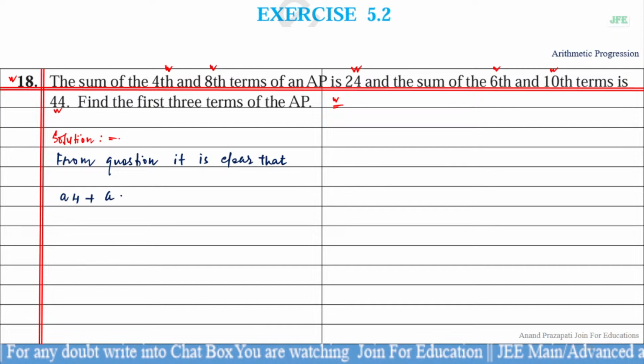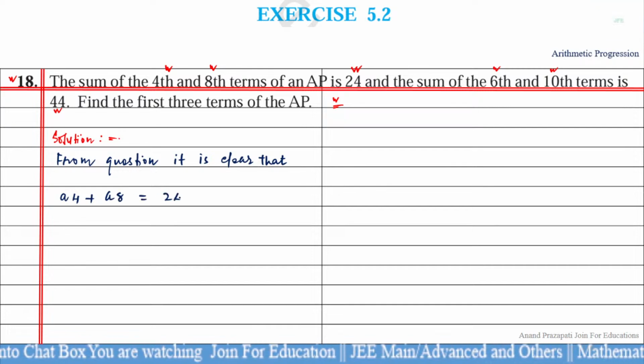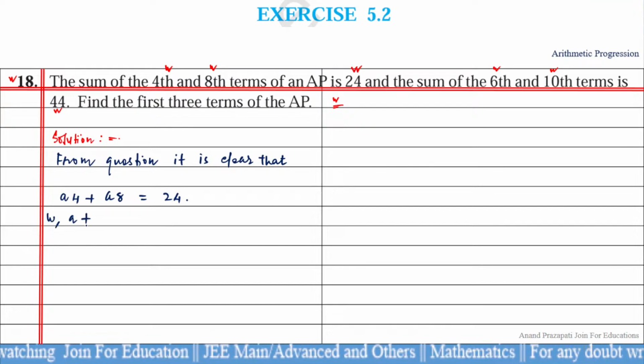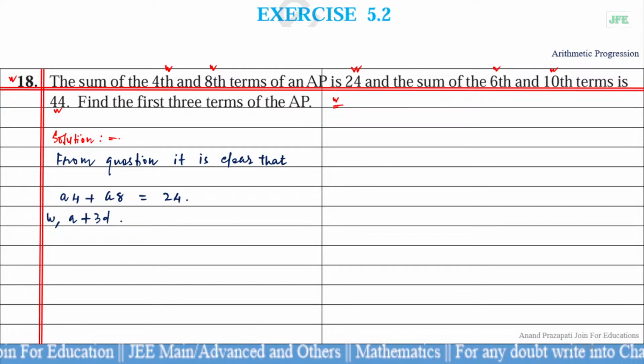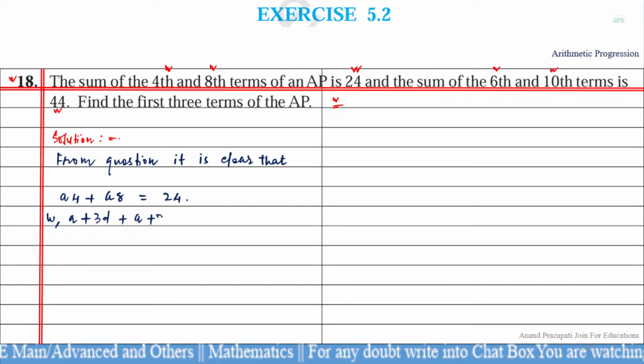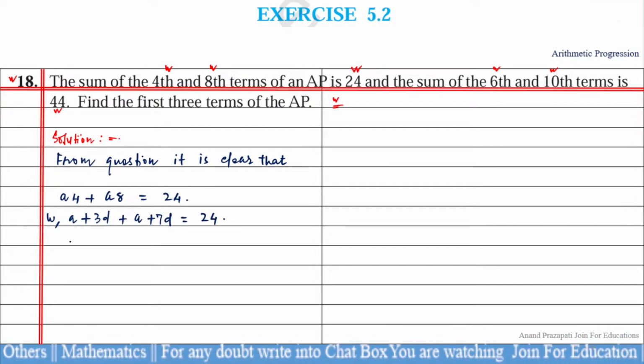plus a8 equal to 24. So the value of a4 equal to a plus 3d and the value of a8 equal to a plus 7d, equal to 24.